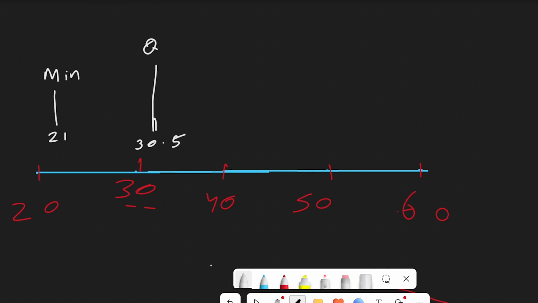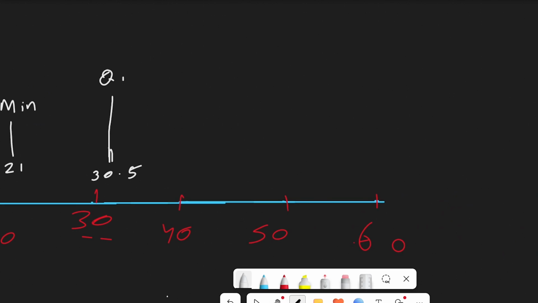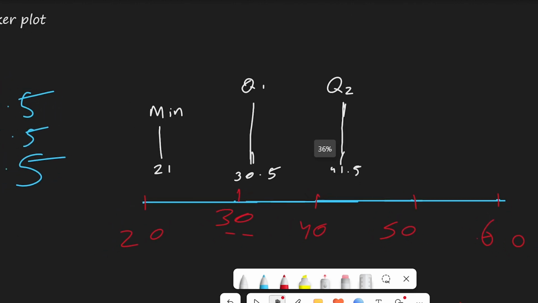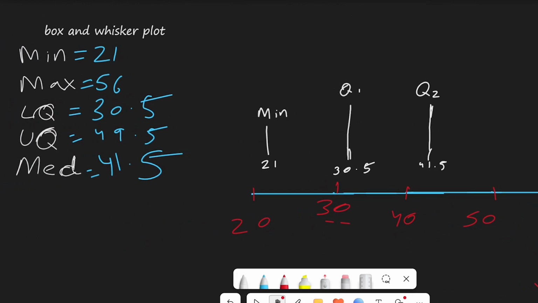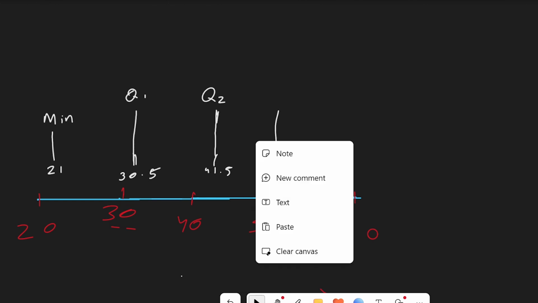Okay, then we need to see the median. Our median is 41.5. Okay, so around 40. This is our Q2, and then we have our upper quartile, which is at 49.5, which is around 50.